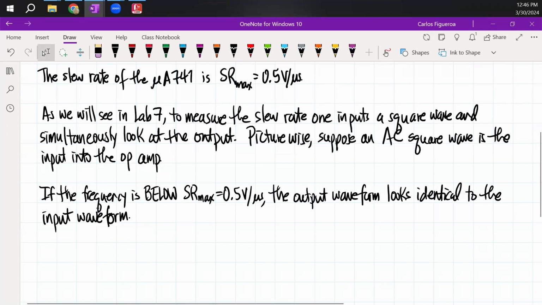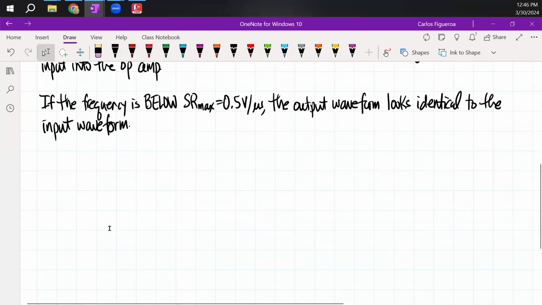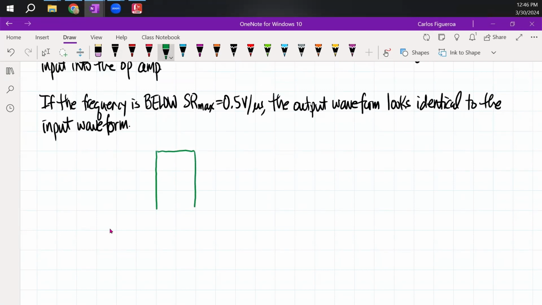So picture-wise, I'm going to imagine something like this. Let's say that on channel 1, we're looking at the input. Say I have a square wave like this, and it just keeps going on and on.